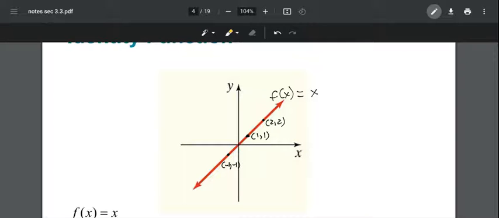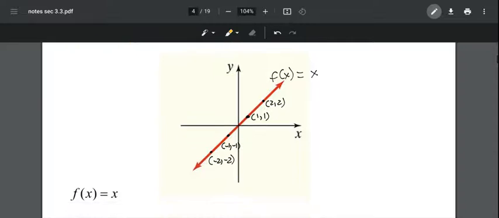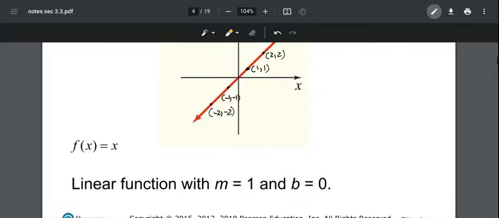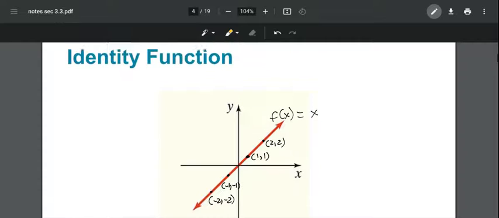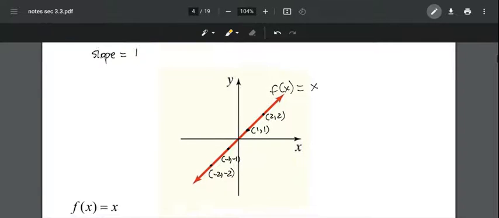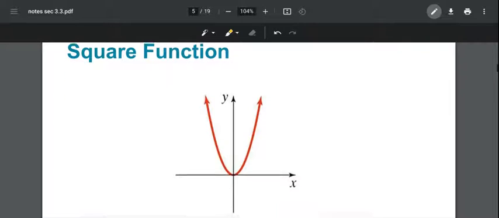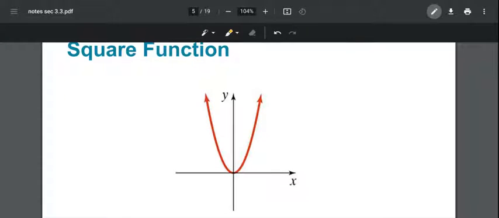That's why we call it the identity function. Of course, this is a linear function, and for the identity function the slope is always equal to 1.